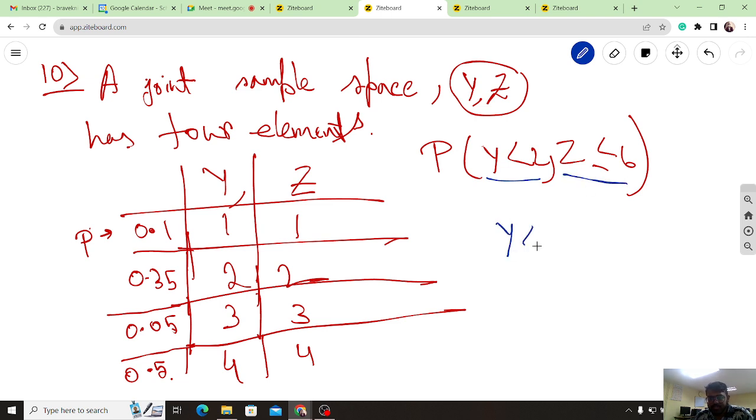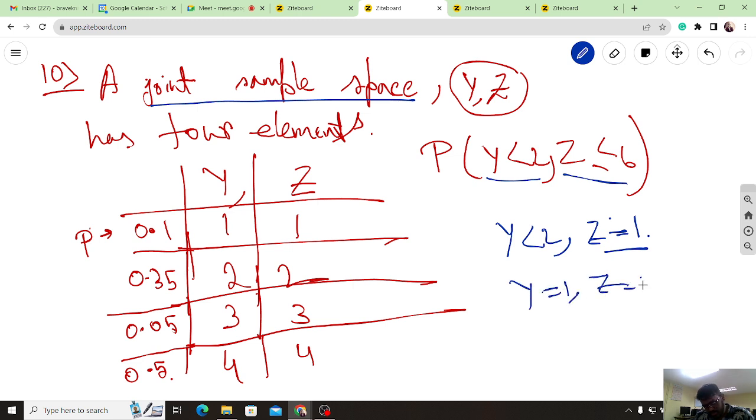So y less than 2, and if this happens, from this joint sample space we can say that z is also less than 2. Only the possible region for this is z equal to 1, because for y equal to 1, z equal to 1.